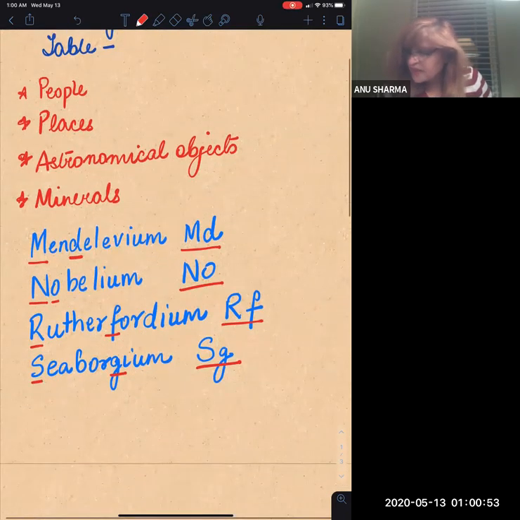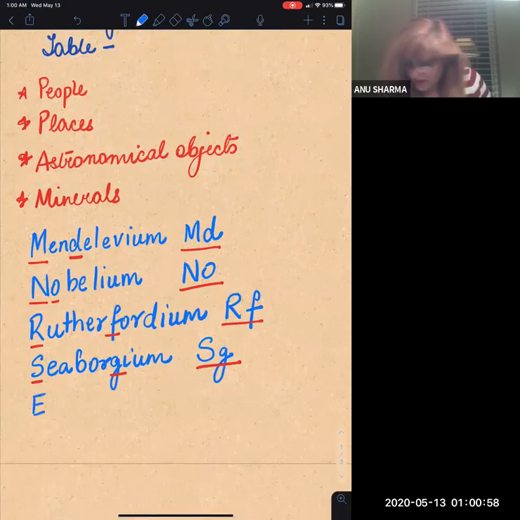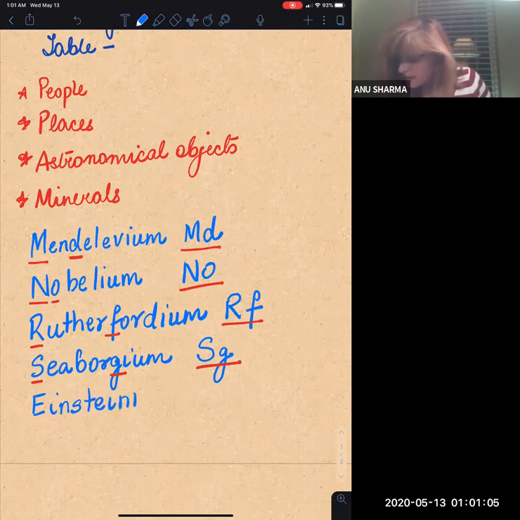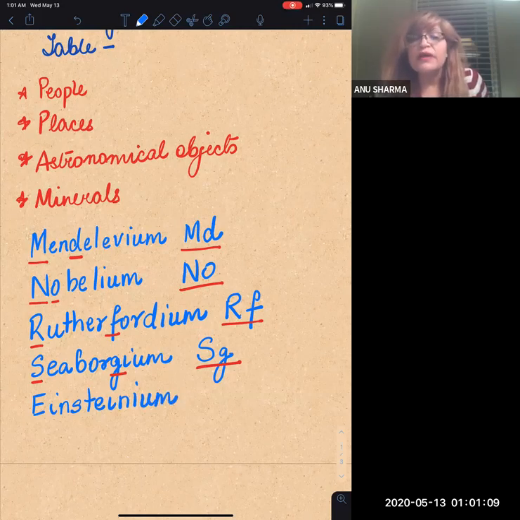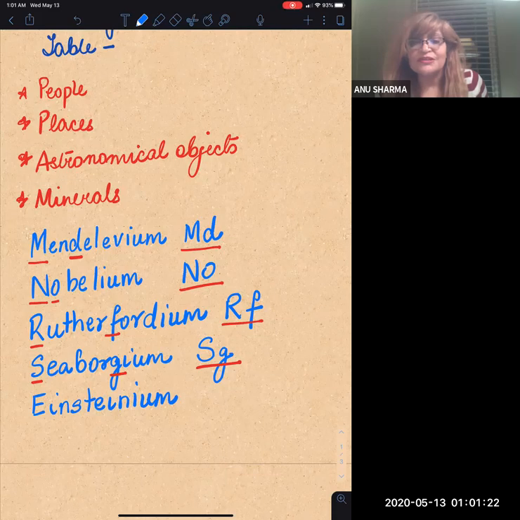Let's look at another one. Interesting is Einsteinium, E-I-N-S-T-E-I-N-I-U-M. Why do you need to know both the full name and the symbol? Because you will be writing not only the formulas of compounds, which are based upon the symbols, but also the names of the elements. So it's very important that you understand not just the symbols but also the spellings of their names.